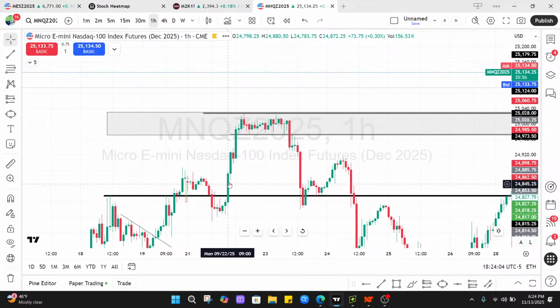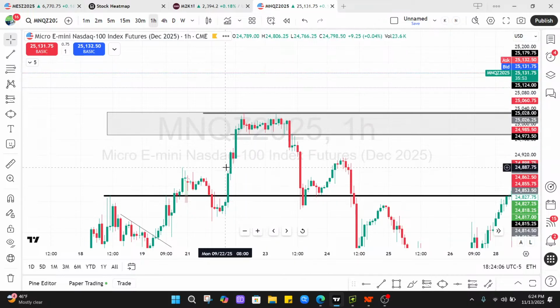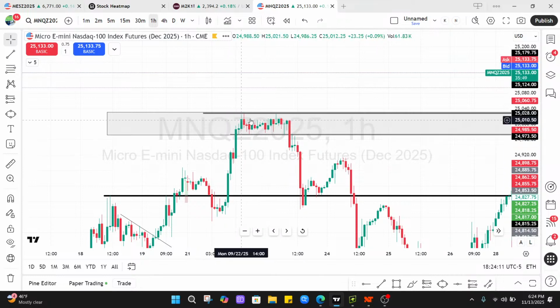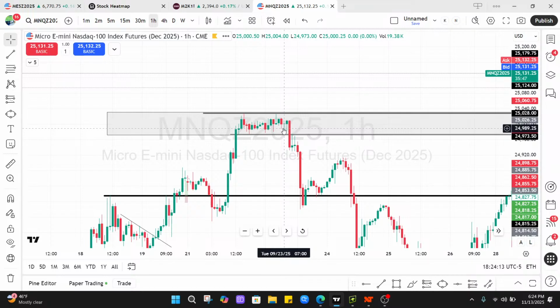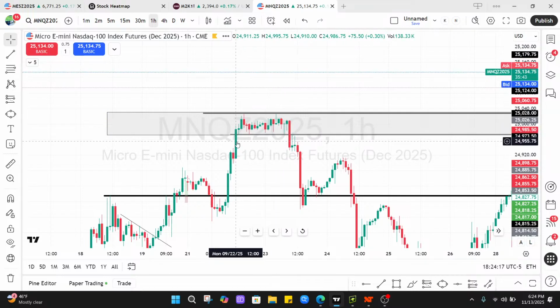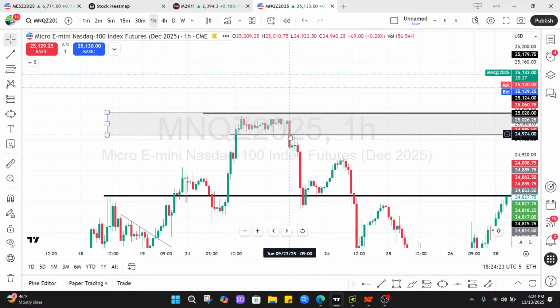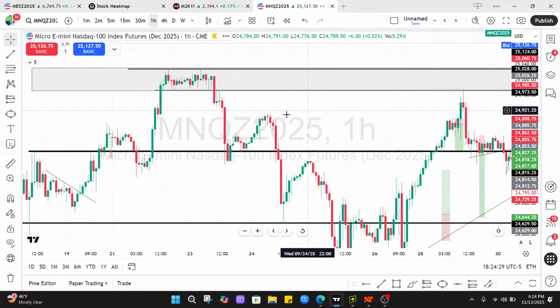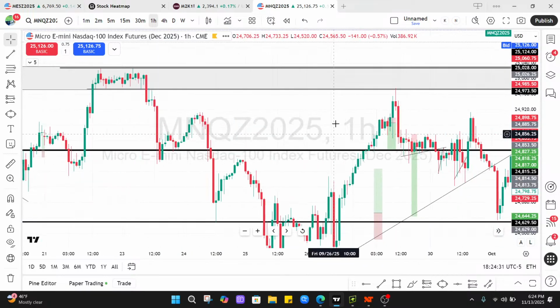We had the 9:30 morning pop into this range, and then pretty much for the entire day, from 12 o'clock into pre-market, we had all of this chop in the zone, and then we had a little breakdown.